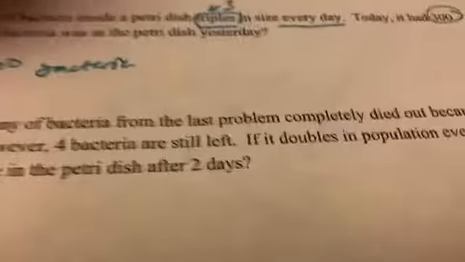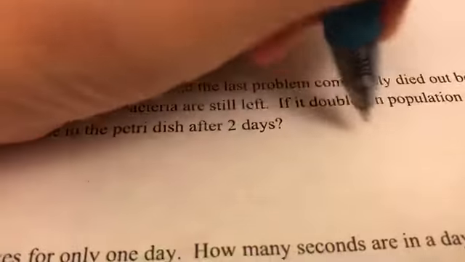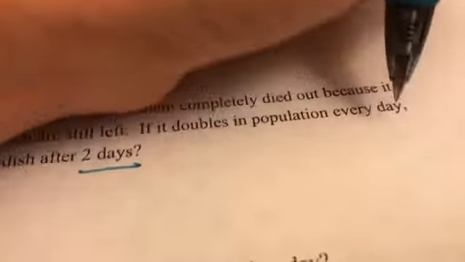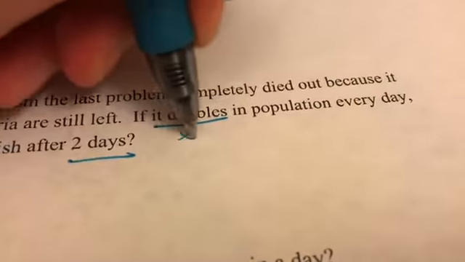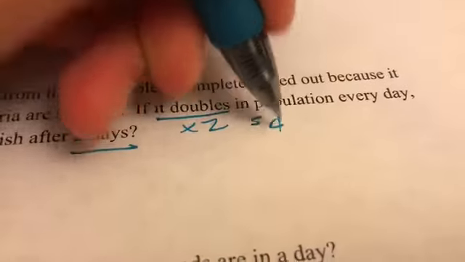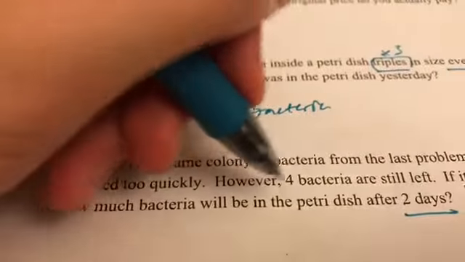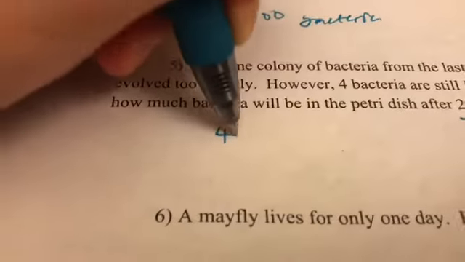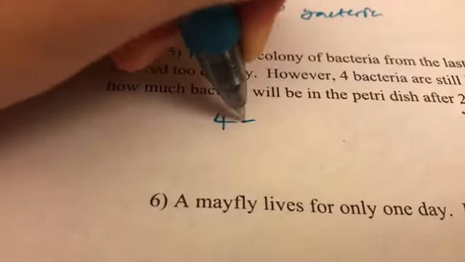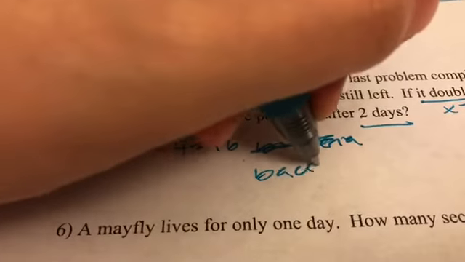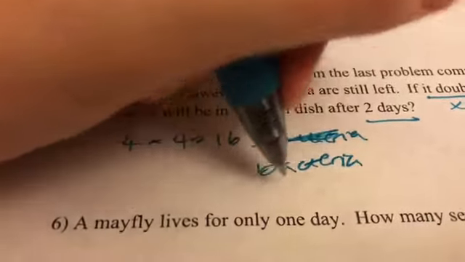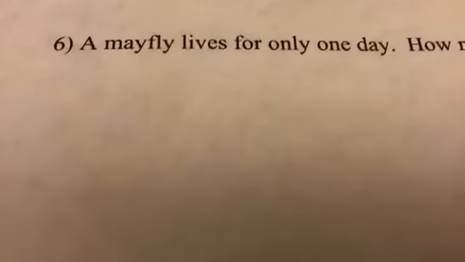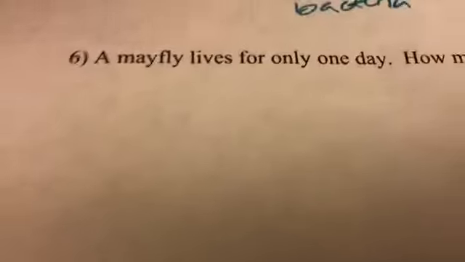So if it doubles every day, that means we times this, so 2 days times by double, so times 2, which equals 4. And if we times that by the 4 bacteria that are still left, we have 16 bacteria after 2 days. And a pretty easy one, a mayfly lives for only 1 day.